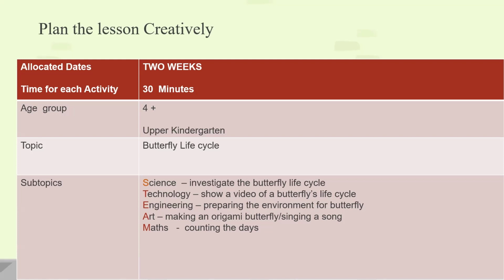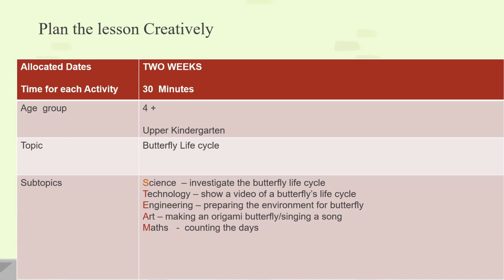And how do we add technology there? We can use technology to explain and show children things that enable us to tell them or show them real world scenarios. Then engineering.